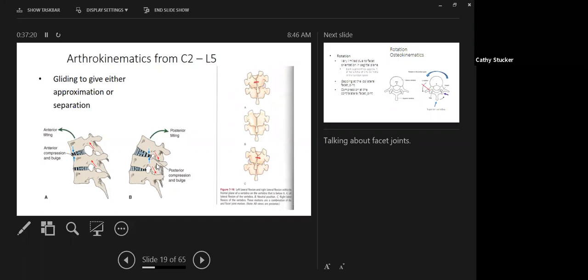The vertebral body, when you flex and extend, also responds because of the shear forces, because they're attached to the vertebra above and below. When you flex, you get tightness in the posterior aspect of the disc, but the front aspect gets a little slack, so you get a little bit of a bulge.